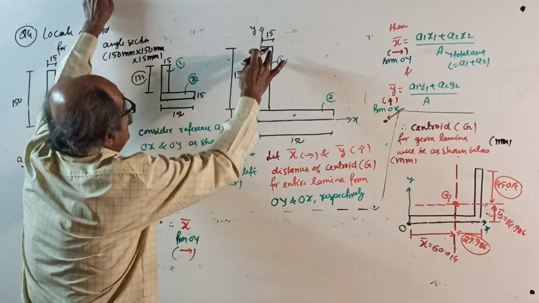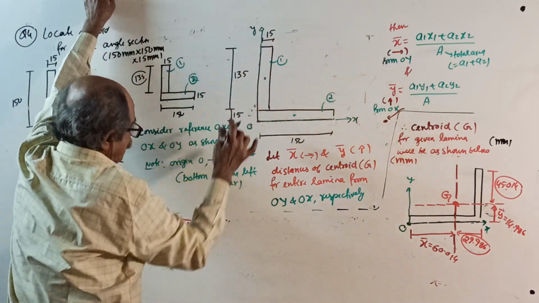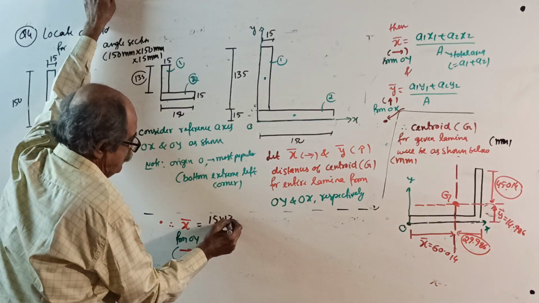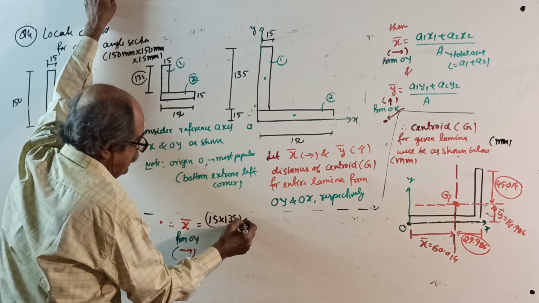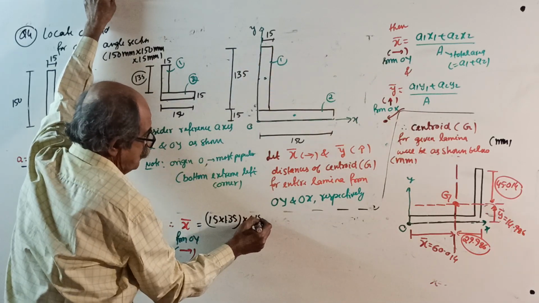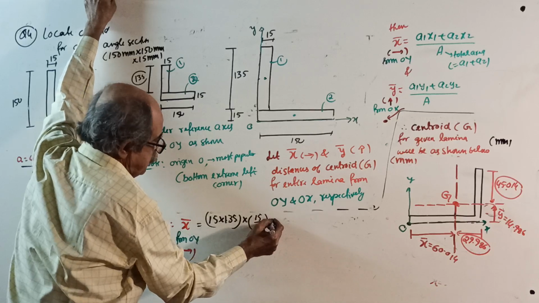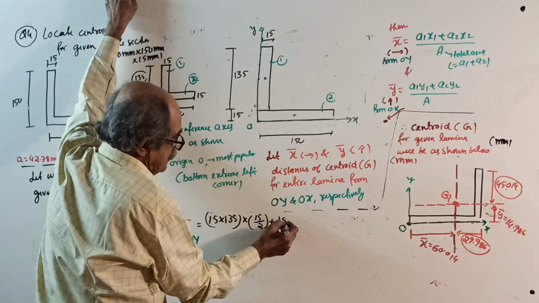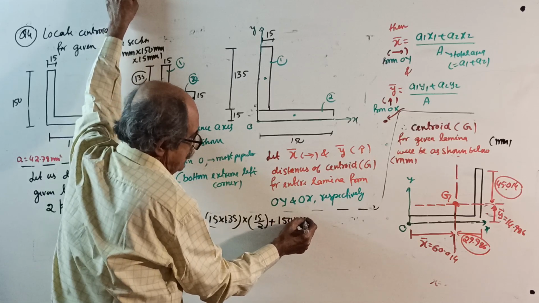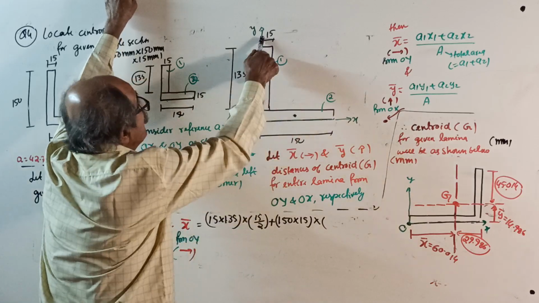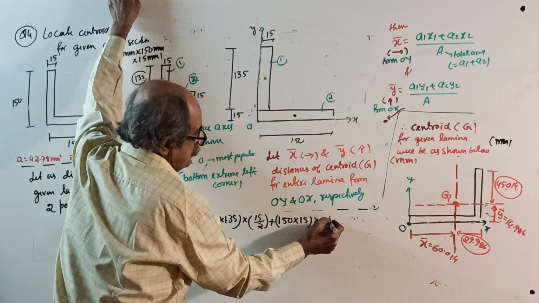This area, 15 into 135, into x1, from here to here is 15 by 2, plus 150 into 15, the second area, into its centroid from this line, 150 by 2. So simple.